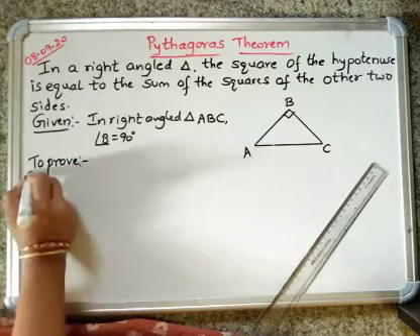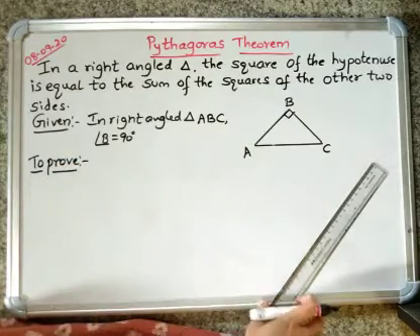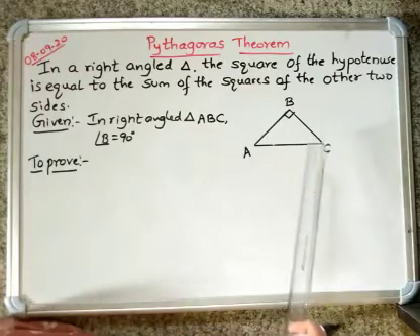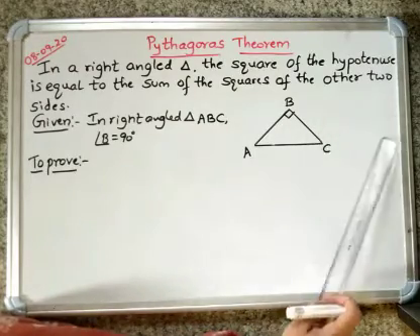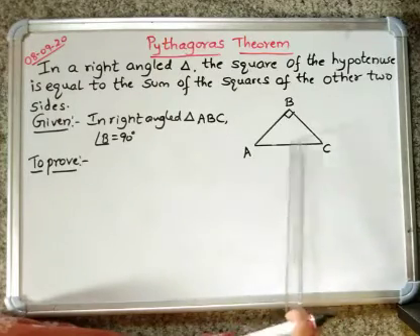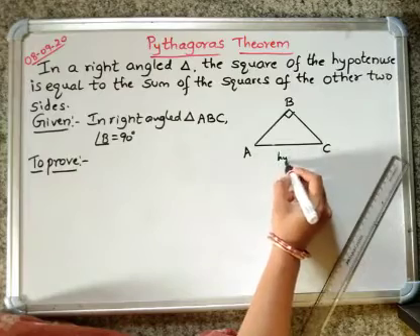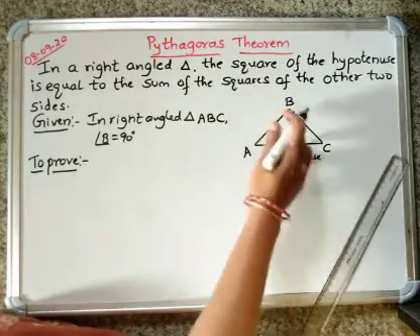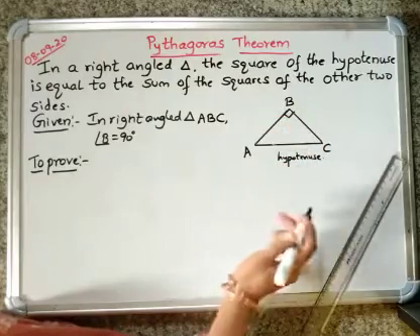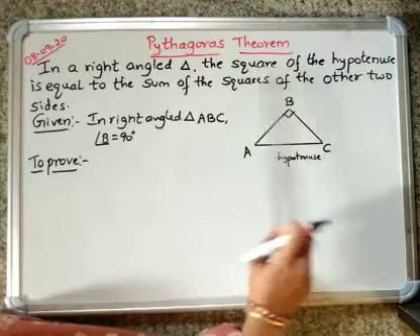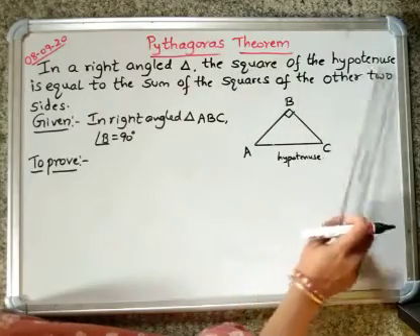Now do you remember, children, which is the hypotenuse of a right angle triangle? Which side do we call the hypotenuse? Always the side opposite to the right angle is called the hypotenuse, isn't it? So hypotenuse is the longest side in a right angle triangle. So we write here, to prove: the square of the hypotenuse.